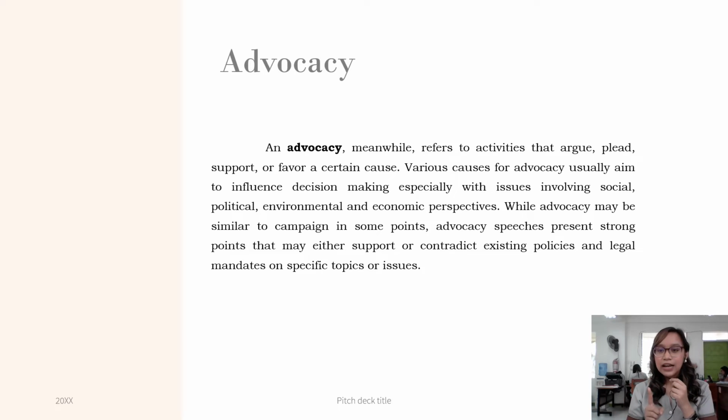What is their similarity? They both use persuasive language, but a campaign is more about exciting you, and it is well planned, to excite the readers to side with you. But advocacy's main goal is to argue to support or favor a certain idea. So that is the difference between the two.